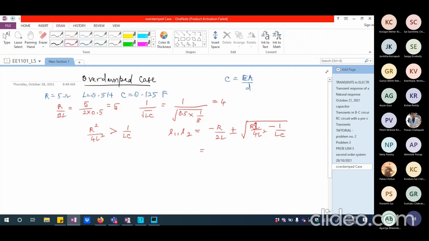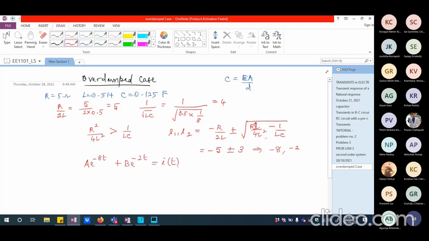So I'm going to have this as minus 5 plus or minus square root of 9, which is 3, right? So I'm going to have two of them as the solution. One is -8 and the other one is -5 plus 3, which is -2. So I will get essentially A e power -8t plus B e power -2t. This is going to be the solution for I of t.